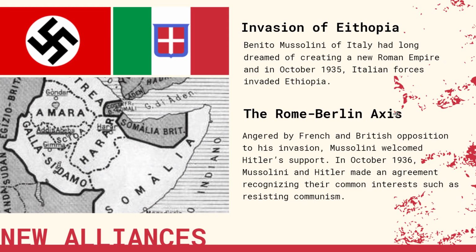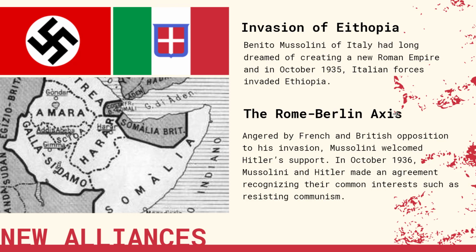Now, there were new alliances formed as well. If you remember, we talked about Benito Mussolini in the last unit. Mussolini of Italy dreamed of reestablishing the great Roman Empire, so he decided in 1935 to invade Ethiopia. Again, France and Britain started wagging their fingers, and Mussolini got angry. He was like, how are you going to tell me what to do?